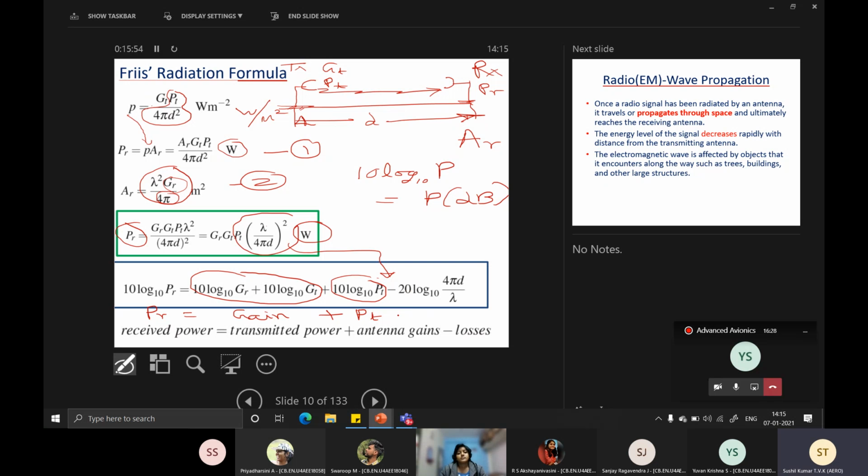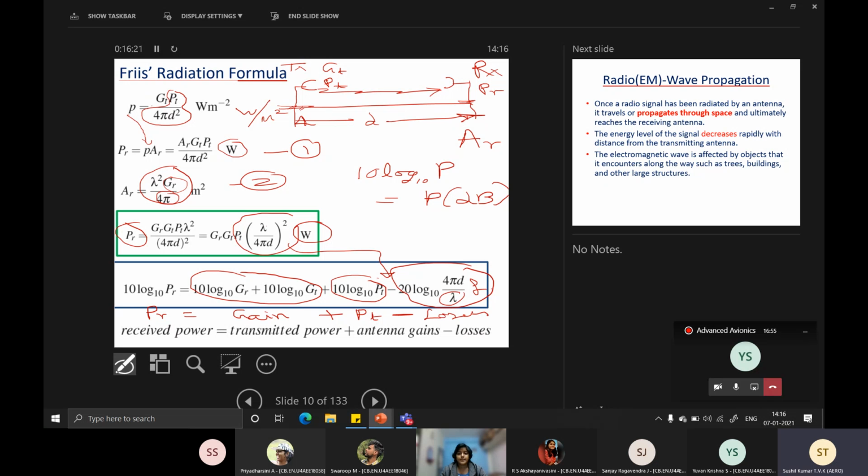Only thing which is negative is this last term, which even by intuition you can say that the more the distance, the more is going to be the loss. Similarly, 1 by lambda is f. If you take it in terms of f, what happens is the higher the frequency, the higher will be the losses.